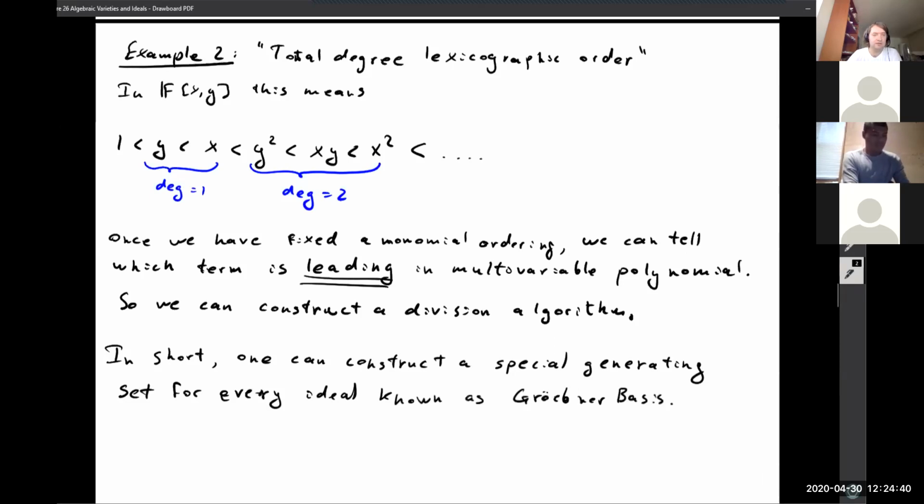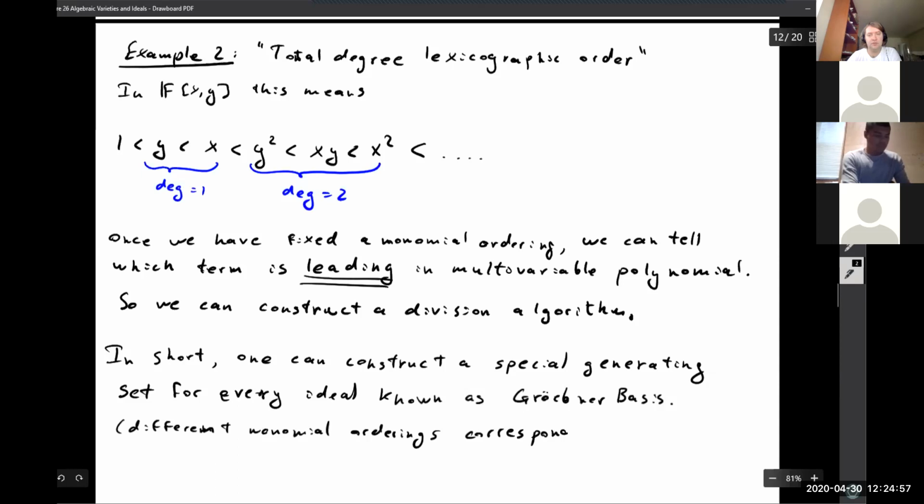And different monomial orderings correspond to different bases, of course.